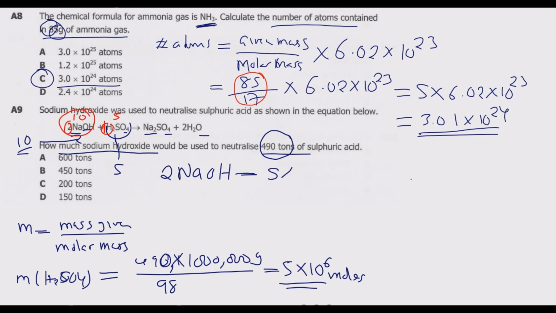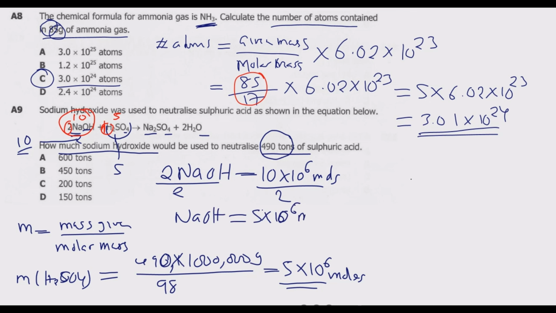Now 5 is not 5, it's 10, exactly, so we put 10 there, not 5. Then we want to find the exact number there, so we divide by 2. So the exact quantity of sodium hydroxide will be 5 multiplied by 10 to the power 6 moles. These are the moles that are required.